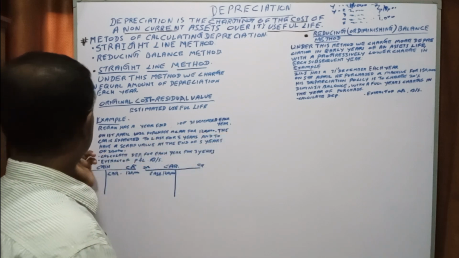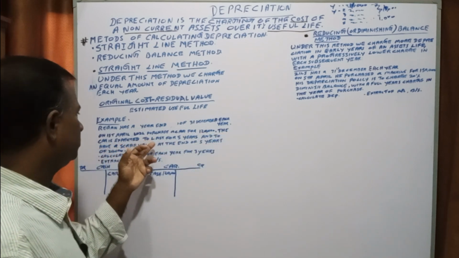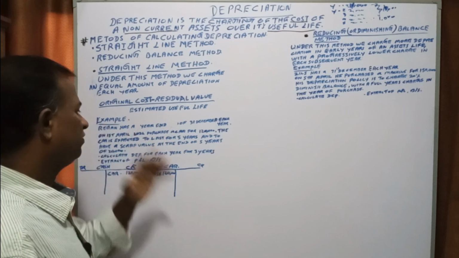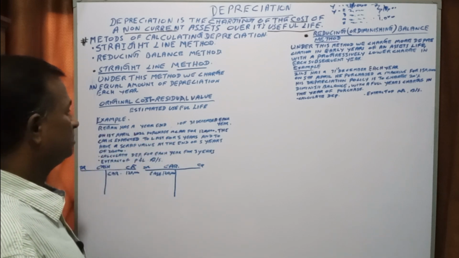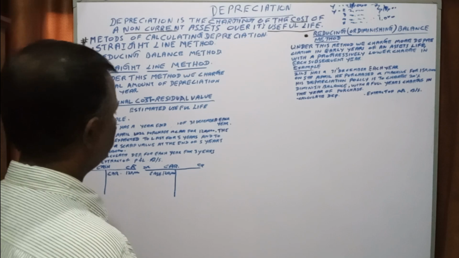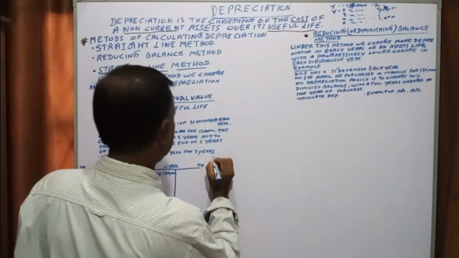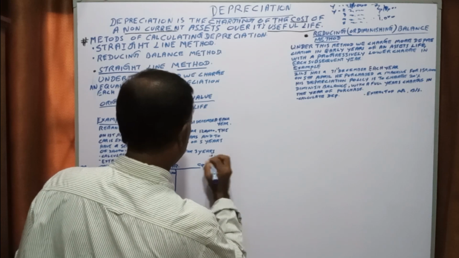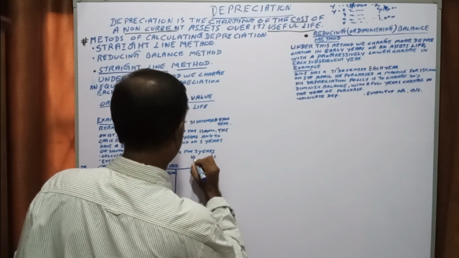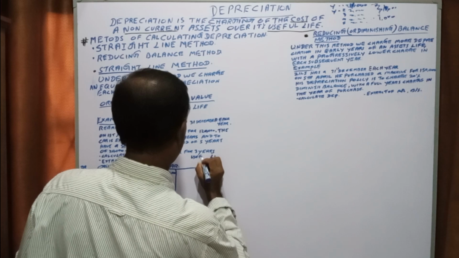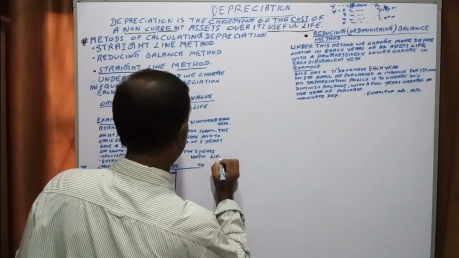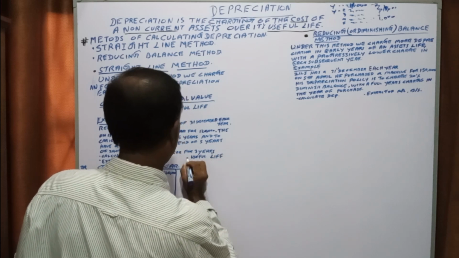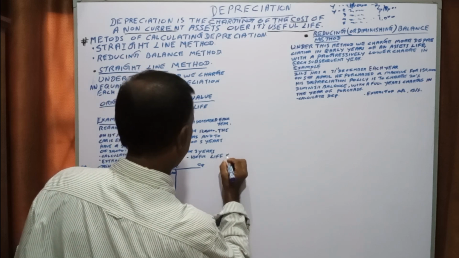Then the car is expected to last for 5 years. What they are trying to say is lifespan, useful life: 5 years.